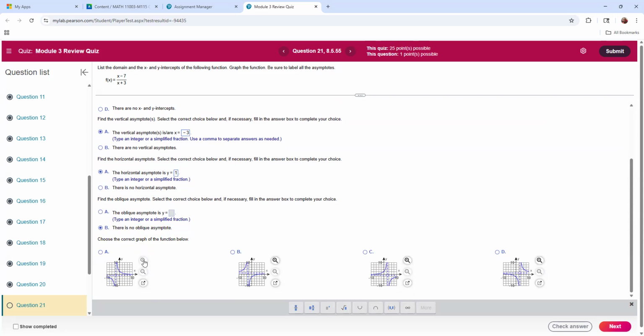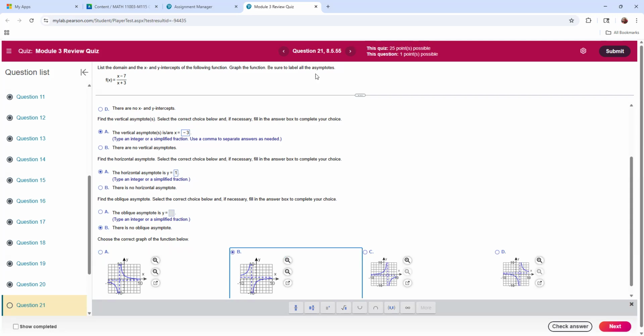So A has one at -3, it looks like. B has one at -3. And then C and D are at +3. So it's either got to be A or B. Now the difference is A has the y-intercept crossing at a positive number, but my y-intercept was a negative number. So it's got to be B.